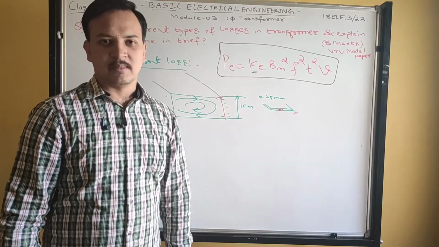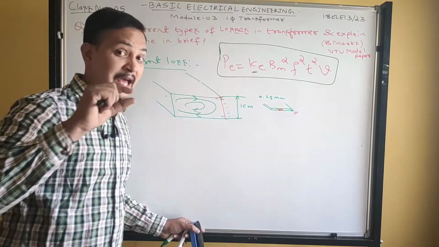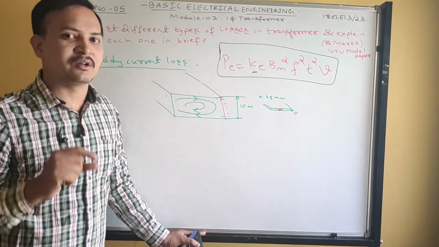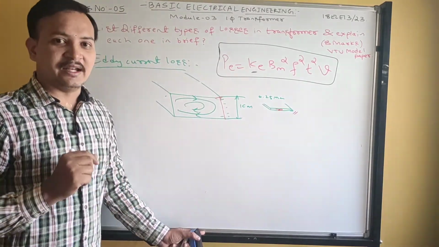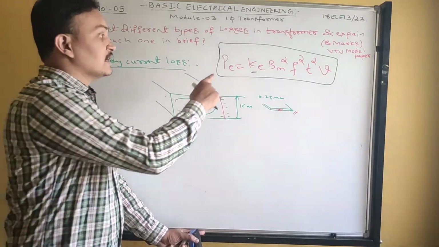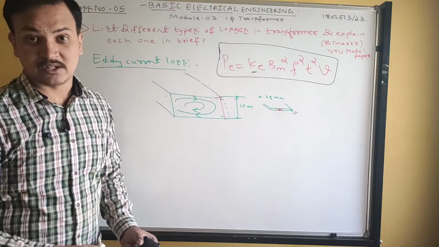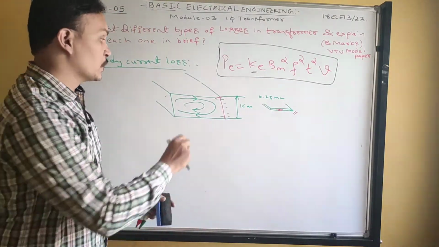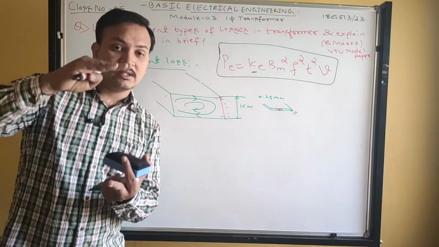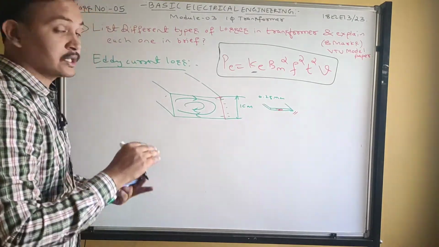of the core material. The thickness of the lamination plays an important role in reducing the eddy current loss. If the thickness increases, eddy current losses increase with the square of the thickness of the laminations. Okay, got it? So don't use a larger thickness. Sorry, a solid core.